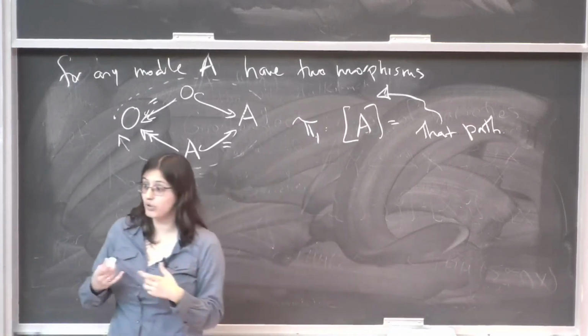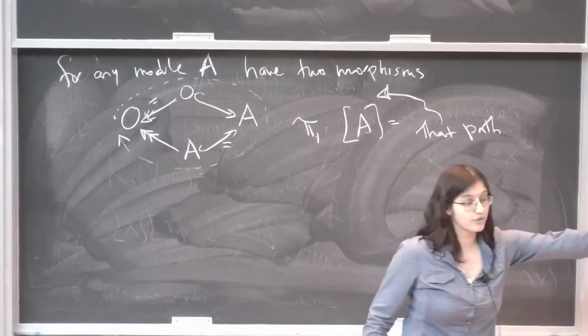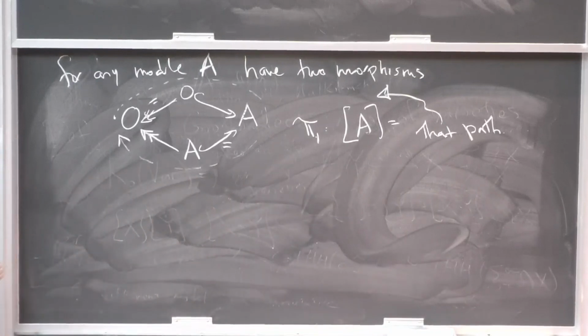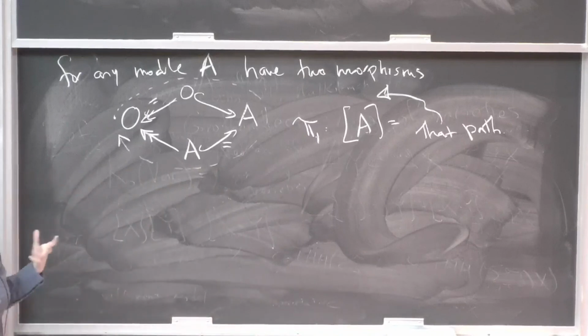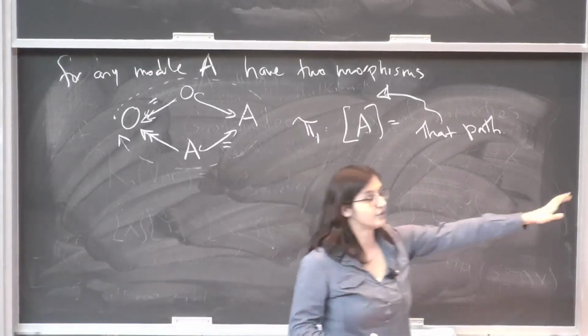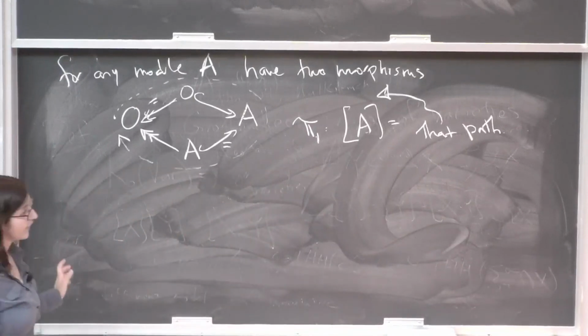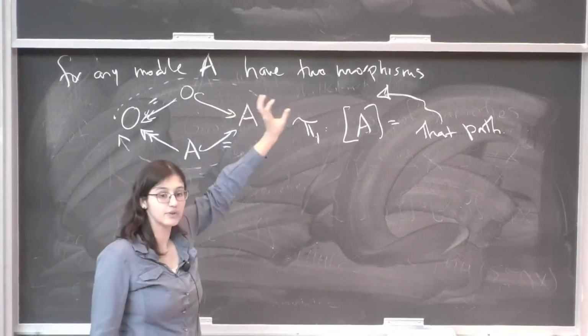So we somehow need to pull the 1 cells down to the 0 cells. And that's what we do with loops. So that's the moral explanation about why you should expect to have loops in there. And almost all constructions of algebraic K-theory will end up with these loops precisely because we start off with a 3-term relation.